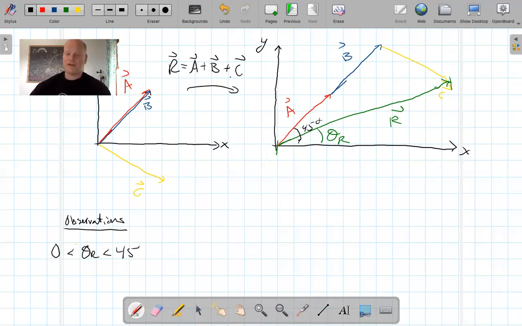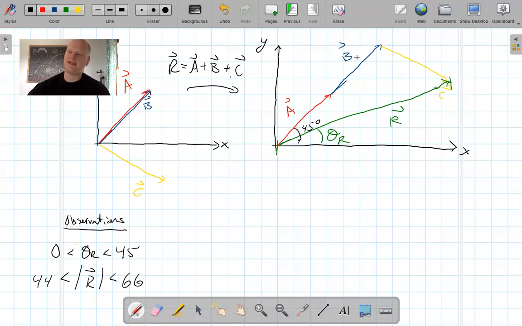The next thing we can tell is that the length of this vector is going to be somewhere between 44 and 66. 66 would be if all three of these vectors were along the same direction.